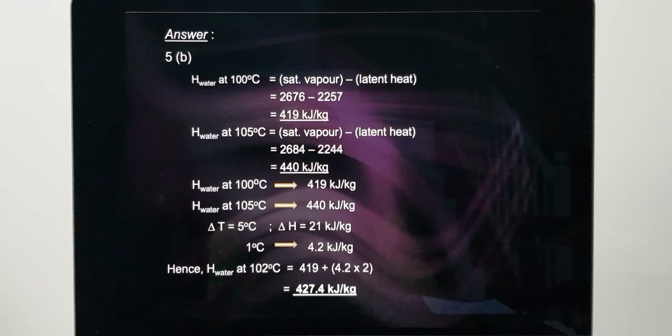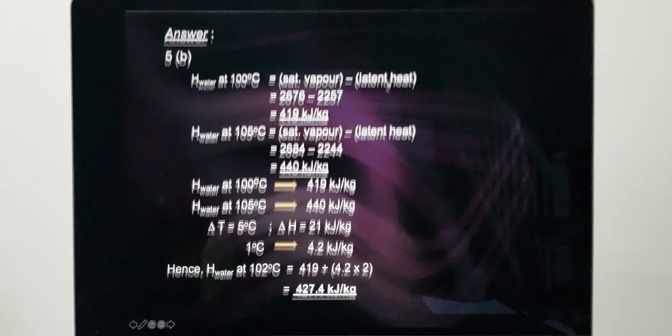So what you need to do is first find the value for HF, the enthalpy for water or enthalpy for fluid. How do you calculate enthalpy of fluid? It is the saturated vapor Hg minus the latent heat of evaporation HFG.